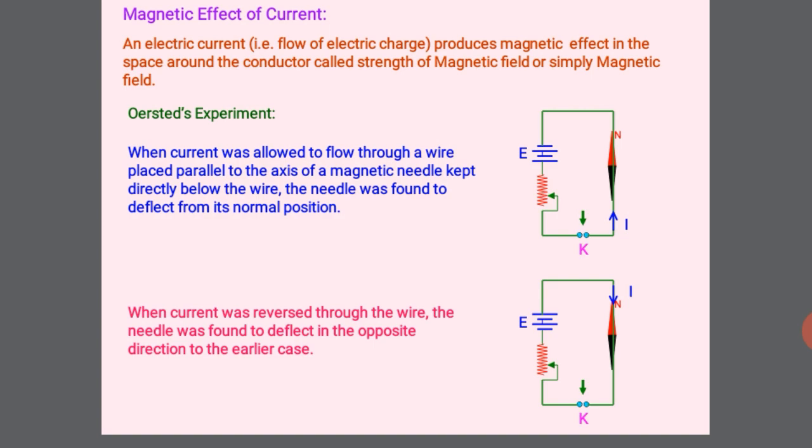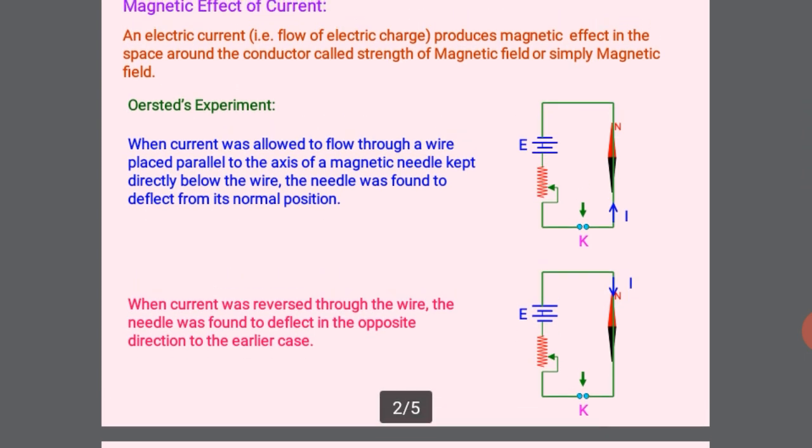the needle is deflected, and in the second case, if the direction of current is reversed, the needle is deflected in the opposite direction. The deflection of the needle indicates that with the passage of current in the wire, a magnetic field is established around it.